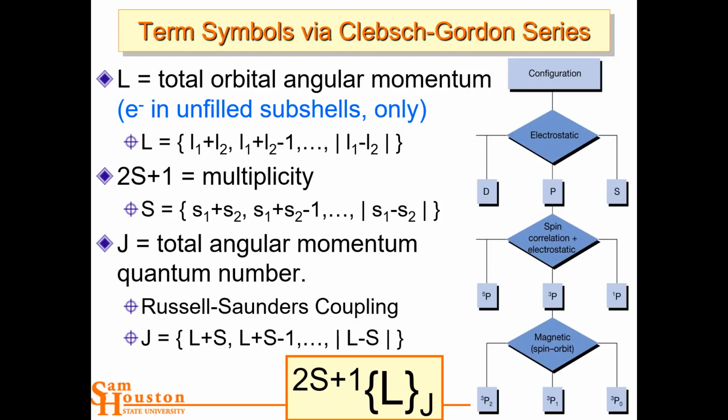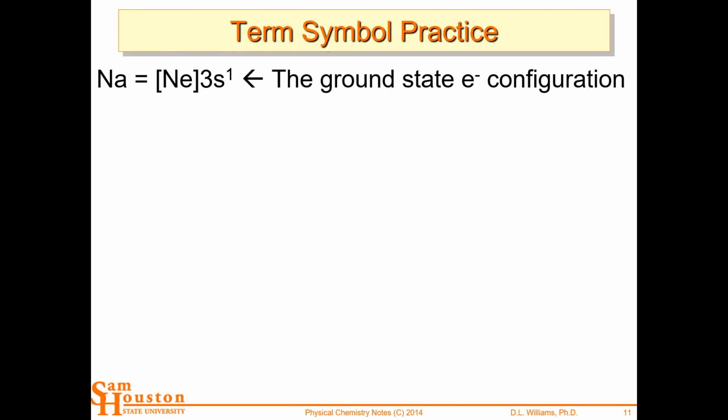So let's look at examples. So let's do some simple ones where we just have 1 electron, okay? Now the mathematical series are going to be boring because we just have one member of the set. Okay, so don't be confused just yet. We're just going to look at a simple example first.